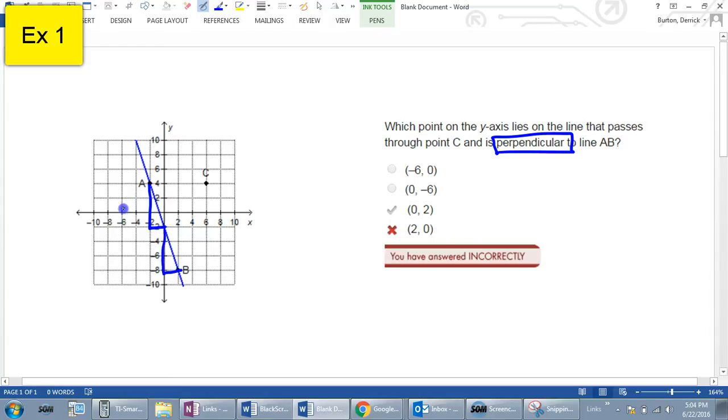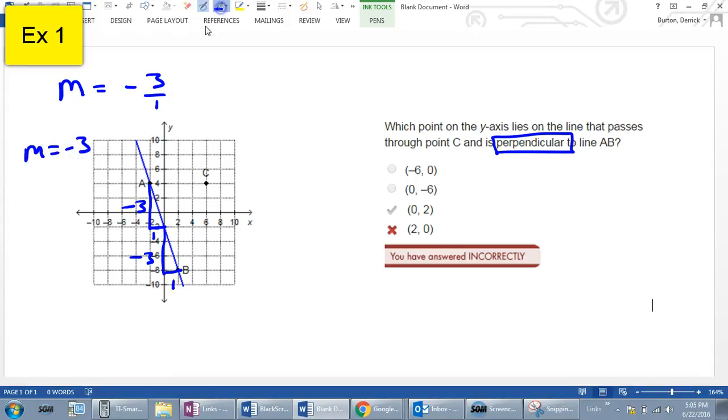Okay, so it's going down 3 and over 1. So that original slope is -3/1, or I could have just said -3. Okay, now if I have a perpendicular line, which is what they're asking me for, then I'm going to have to do opposite and reciprocal.